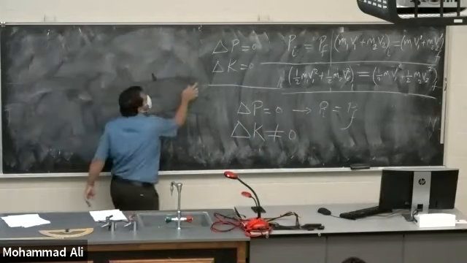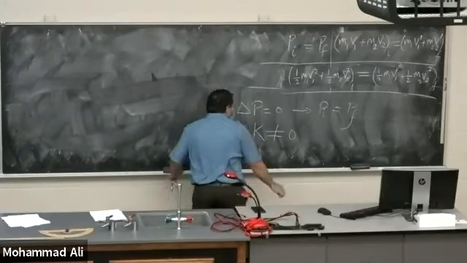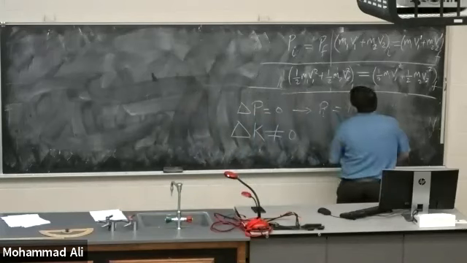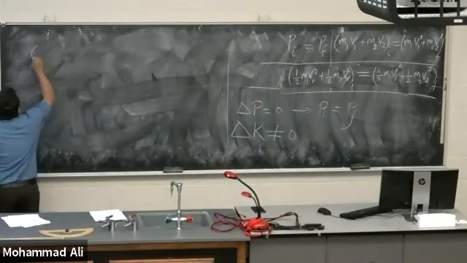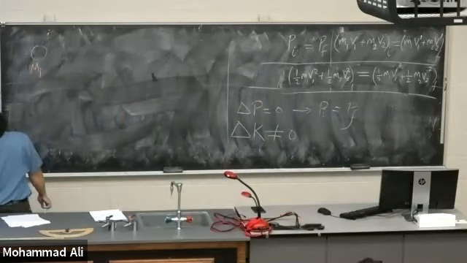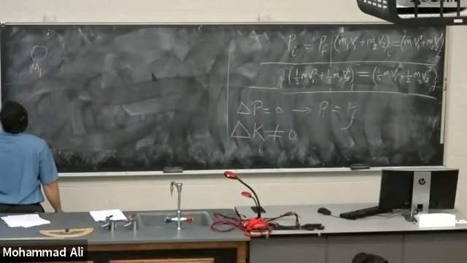which is when the two objects stick together. If we have M1, a black box, it will look like that.